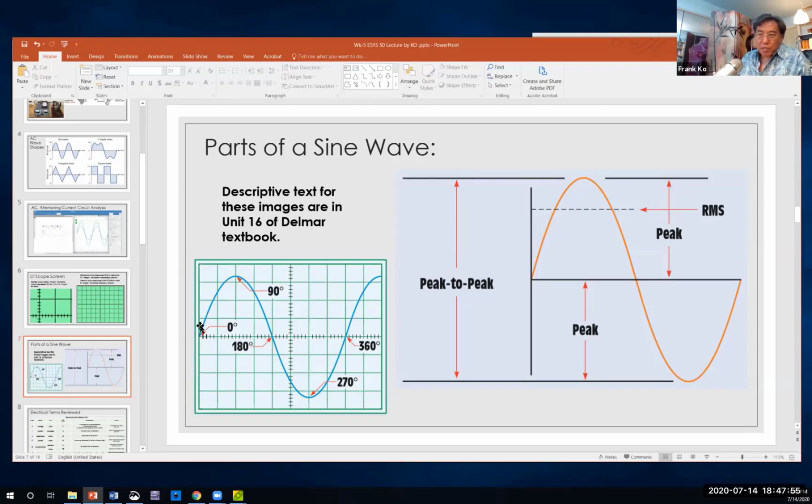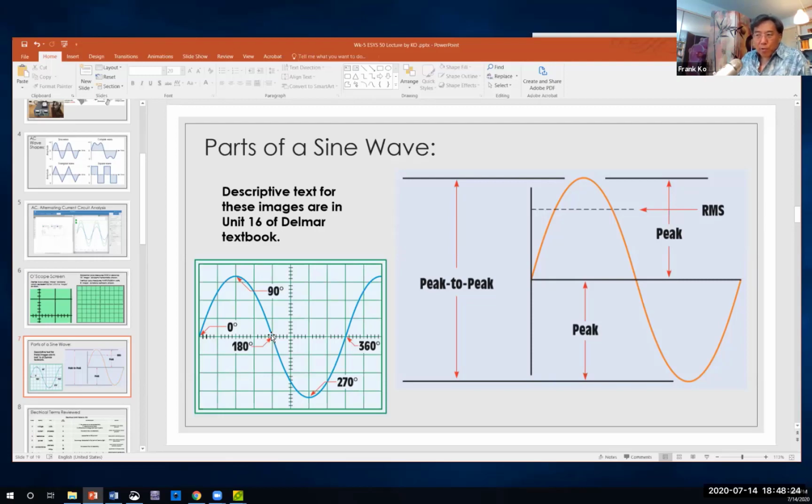When it rotates all the way up to the top, which is the positive peak, that is called a 90-degree rotation of the waveform. When the waveform continues rotating, it's like the top of the roller coaster, now coming down, it hits the 0 line again. This middle horizontal line is called the 0 volts line. When the waveform hits the 0 line again, it has reached a rotation point of 180 degrees.